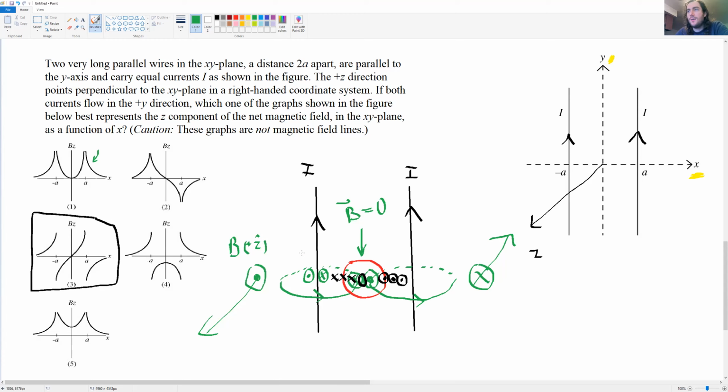Over here, it's still in the positive Z hat, but it's tending towards infinity. Like right here, it's tending towards infinity. Oh, I see. And then over here, it's B in the minus Z hat. Okay, that makes sense. Yep.